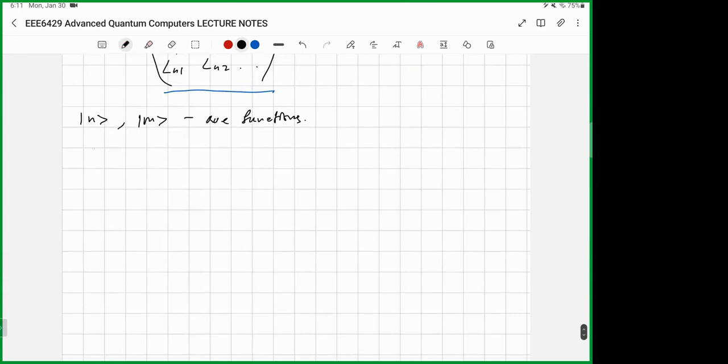In this case, as we discussed today, the inner product of these functions is the integral of, let's say, f_n complex conjugate of x, times f_m of x, dx. This is the inner product of two vector functions.